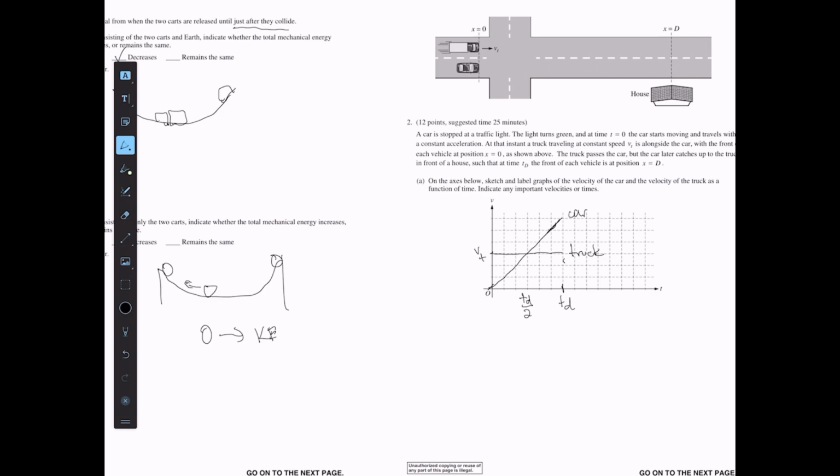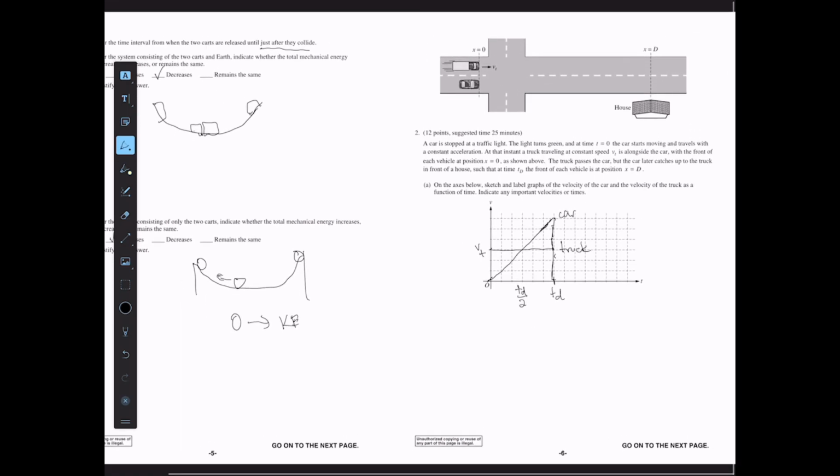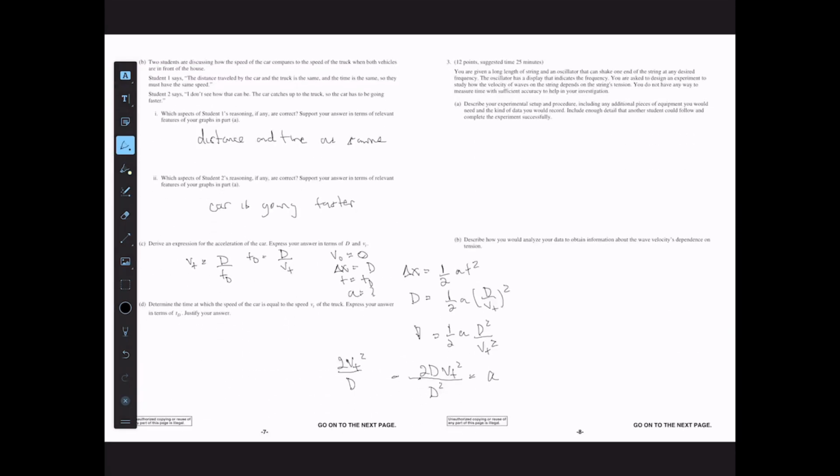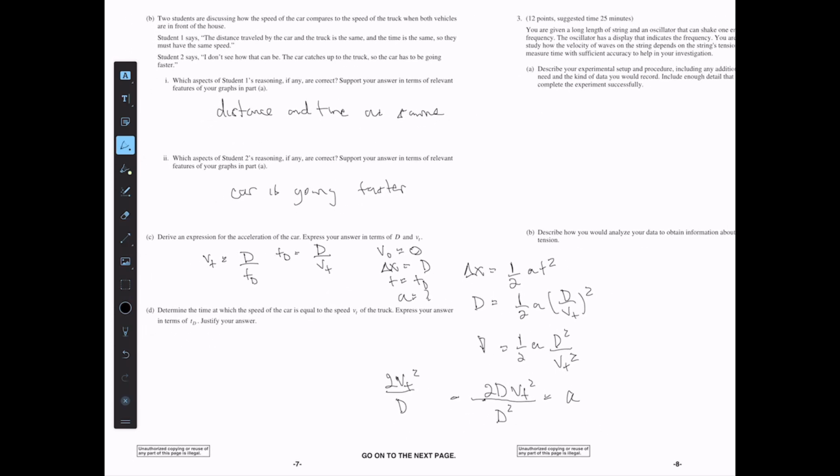And since the truck is a rectangle and the car is a triangle, the car should have twice as much velocity at the end. So at td over 2, the speed of the car is equal to vt of the truck.